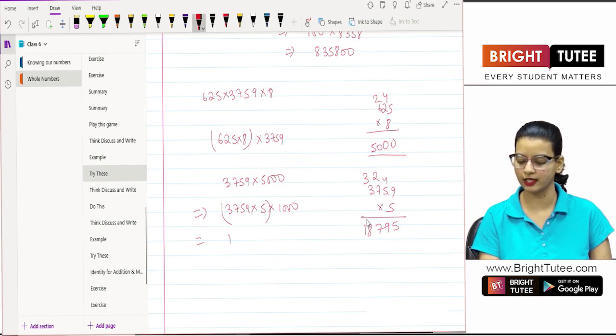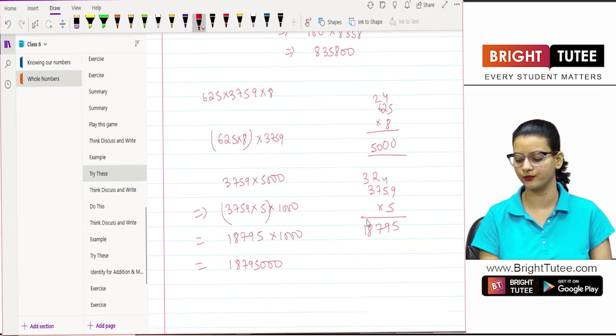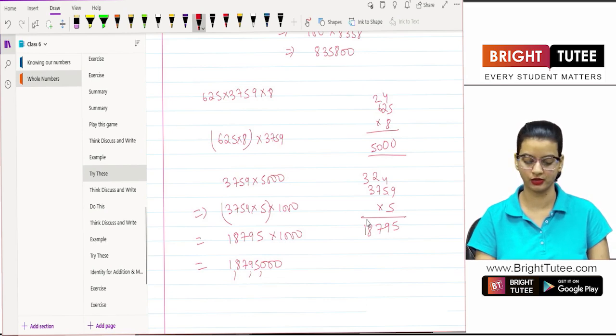So we get 18,795 × 1000, which is 18795 and then 000. So this is the answer that we get: 1,87,95,000.